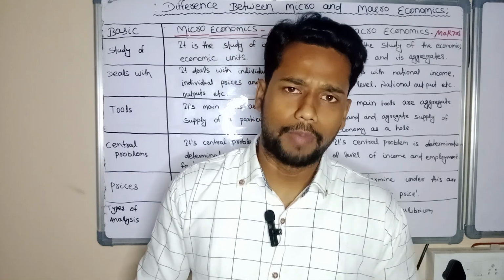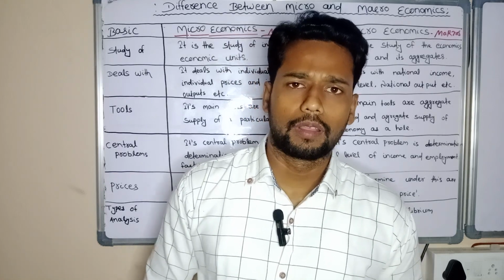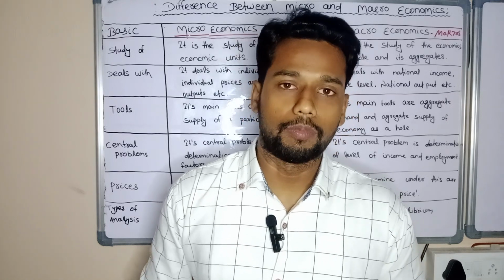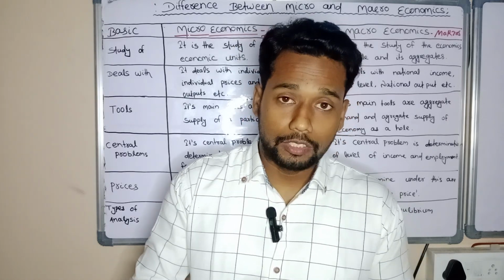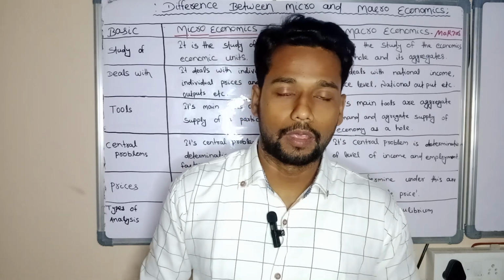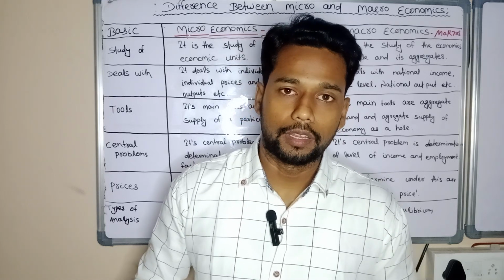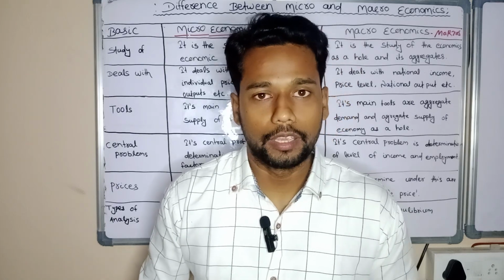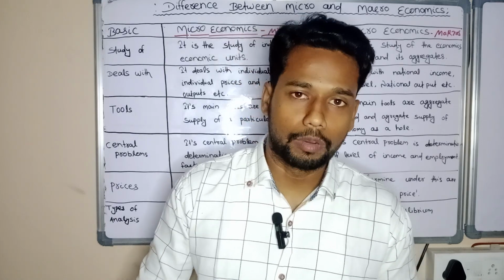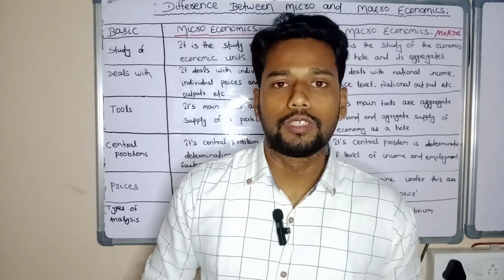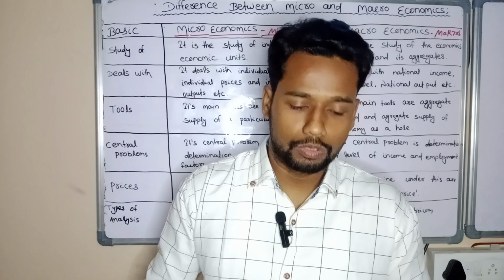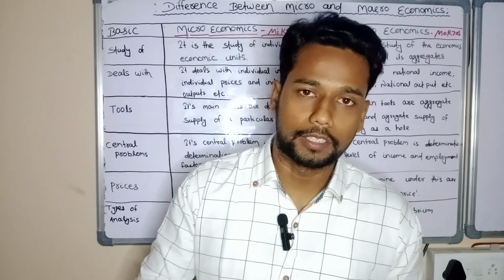What we study in macroeconomics is the national income, the balance of payments of a country, and how a country takes measures to grow its economy, the overall growth of an economy. So let's differentiate those things and understand in detail.